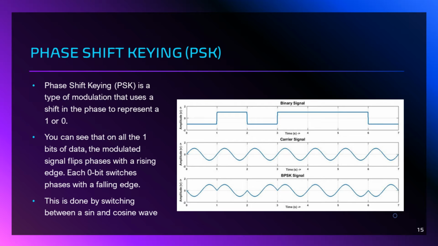Now, phase shift keying is another way to modulate signals, and this is the other part to the RFID scanning. I'll pull it up later.